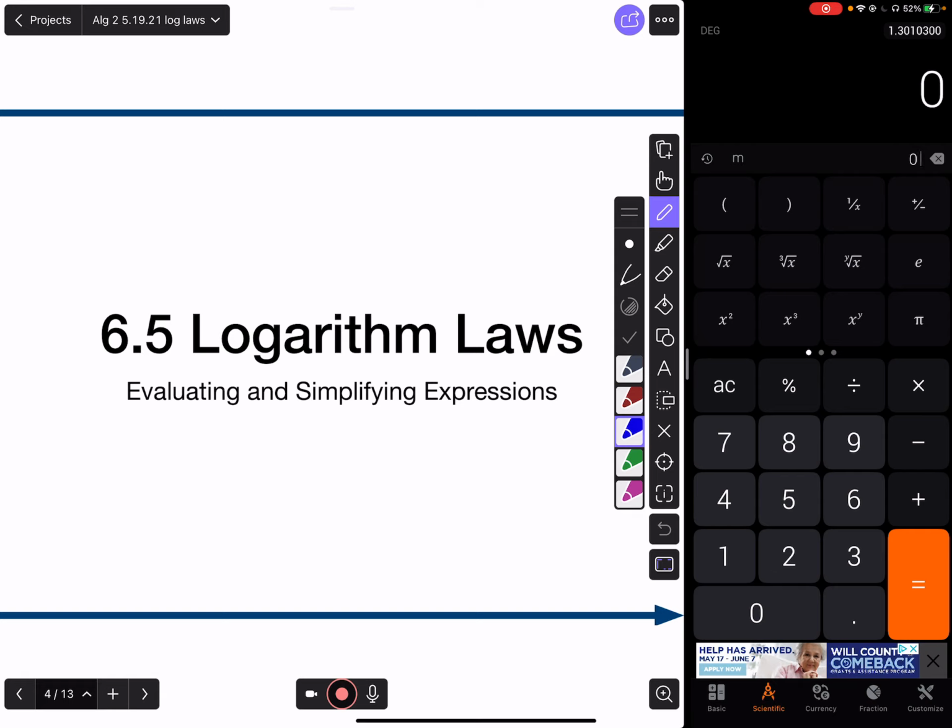If you think about some of the laws we've already had, this is a very common one, the product property for exponents, and it says that a to the m times a to the n can be simplified as a to the m plus n. The logarithmic laws are very similar to these exponent laws. They're just some rules that we can apply to help us simplify expressions.